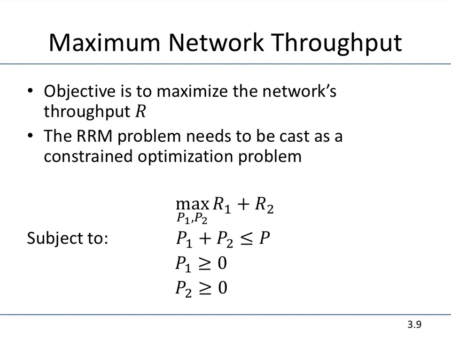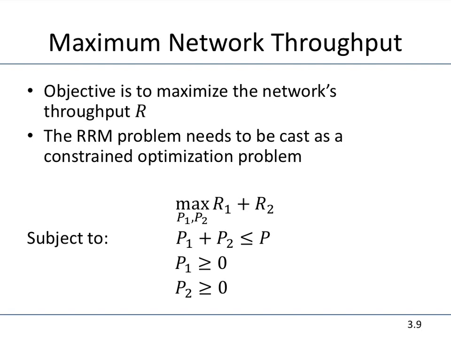The other thing is to try to maximize the throughput. So what we'll try to do is maximize R1 plus R2. These are the decision variables of your optimization. So we're trying to design now P1 and P2, which means that the outcome of this optimization problem is to know the value for P1 and P2.